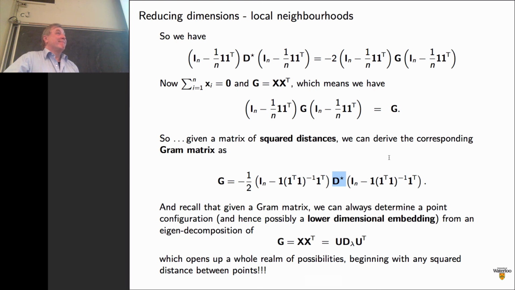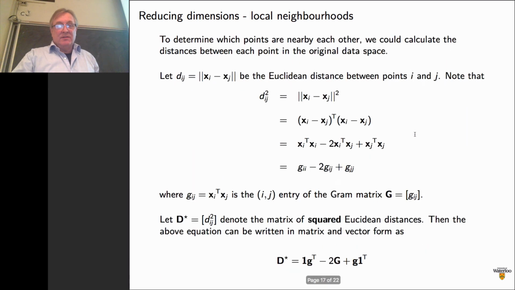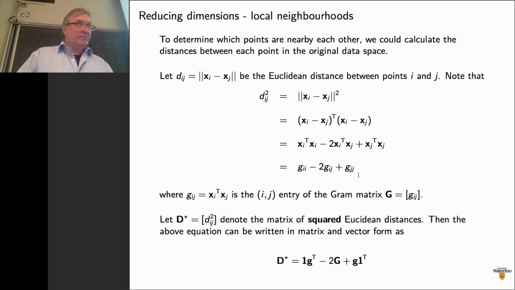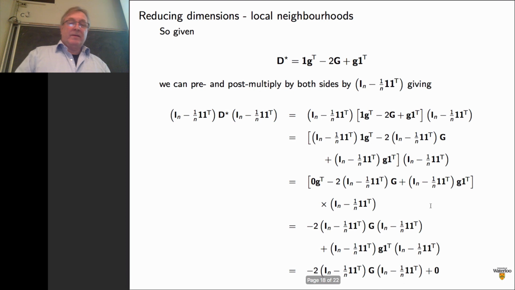Everybody with me? So let's just, once more with feeling, think about what we've done here. If I have the distances between these objects, i and j, xi and xj, I've got the squared distances, however I arrived at them. I know that that's related to these gram components, which I can write in this particular way. It's not obvious why you would do that, except to make maybe these bits disappear.